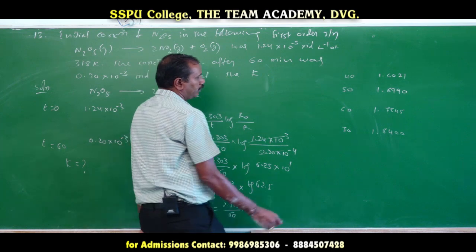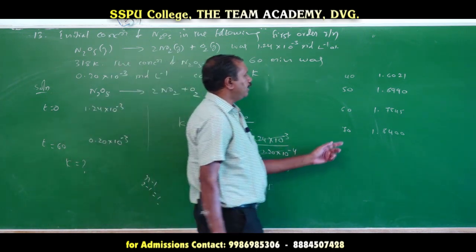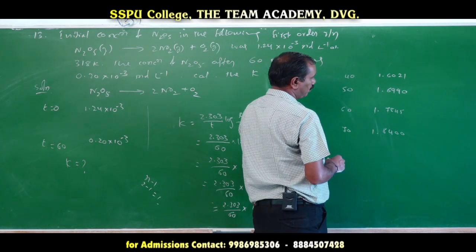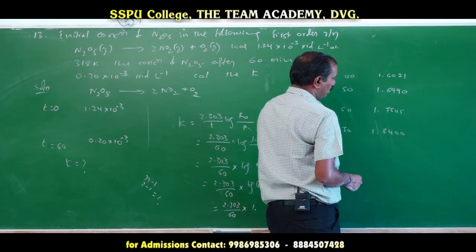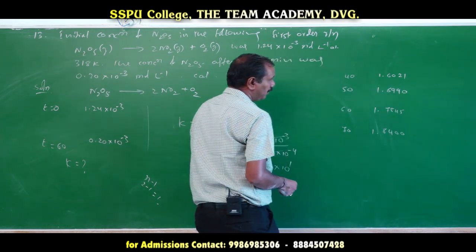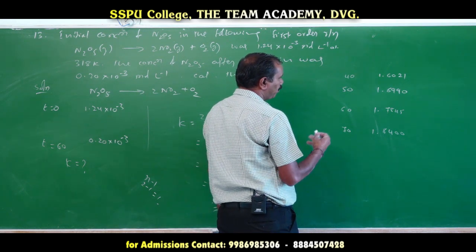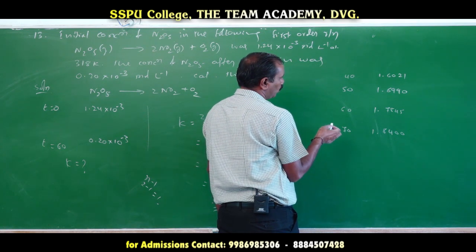So this value is in between 60 and 70, means 62. In between 60 and 70, 10 values are there. So 0.78 becomes 84, nothing but what? 0.6 difference. The 0.6 difference divided by 60 means 0.006, into 2.